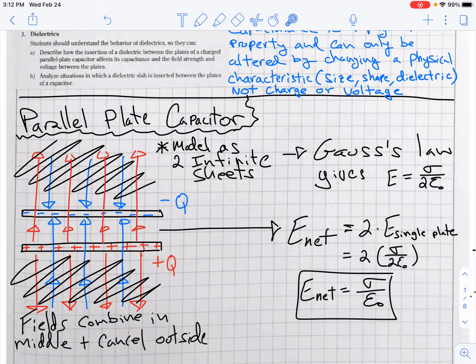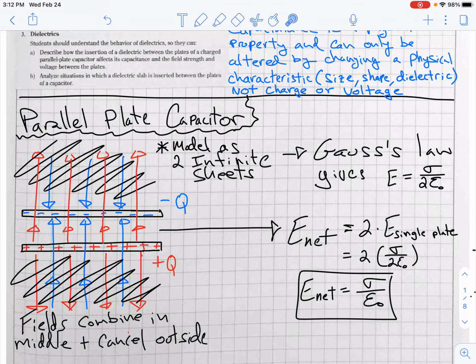Because the fields go in opposite directions outside the plates, they cancel out. The fields go in the same direction in between the plates, so they add together. So when you do 2 times this individual electric field, you get just sigma over epsilon naught.